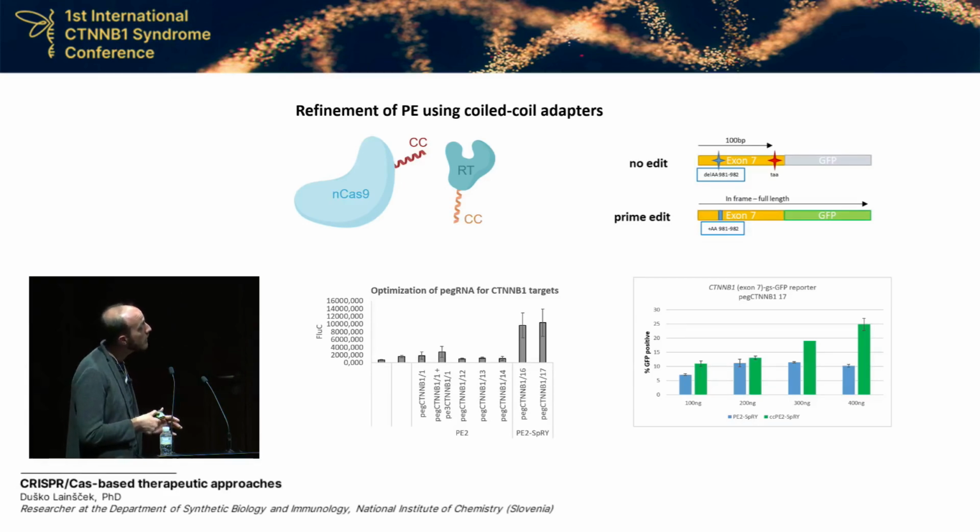You can clearly see the significant amount of cells in which the disease-causing mutation was efficiently corrected using prime editors. To some degree, you can also see that with our approach of using coils to connect the reverse transcriptase to the nickase, we saw an increased genome editing rate.